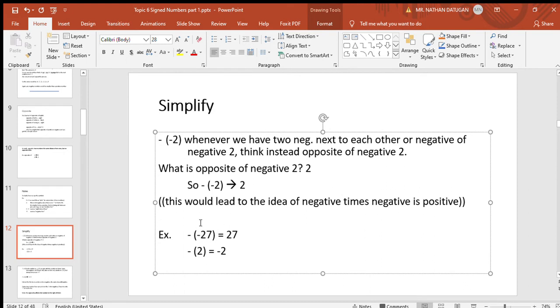Or again, think of this as what is the opposite of -27? Well, the opposite of -27 is +27. Now we have negative of +2. Again, instead of thinking of that, think of what's the opposite of +2. It's -2.